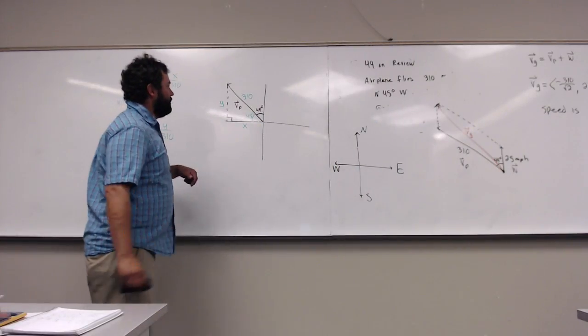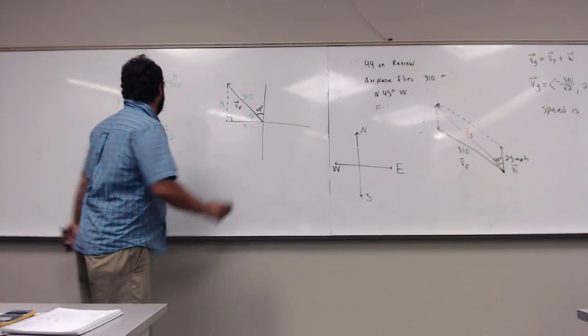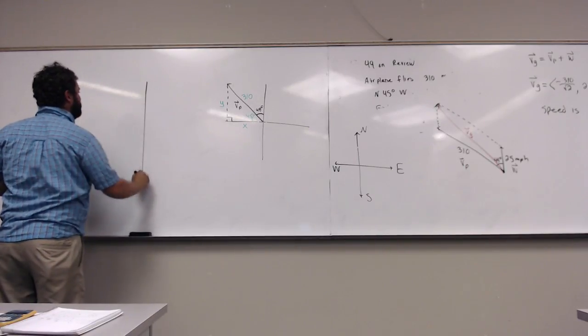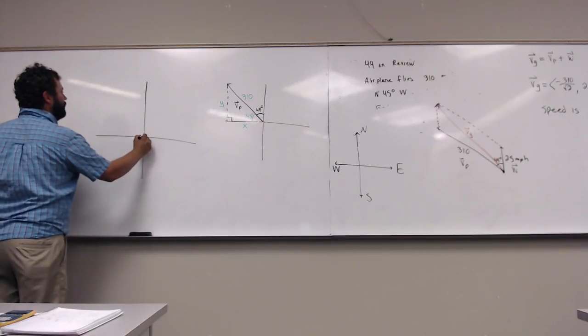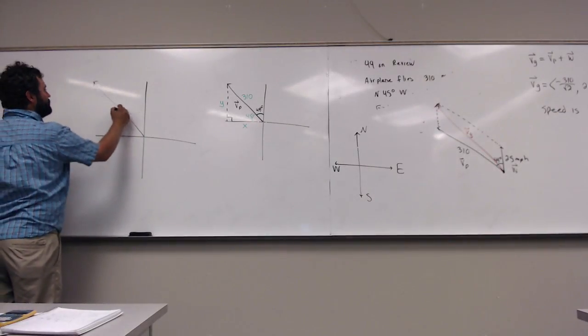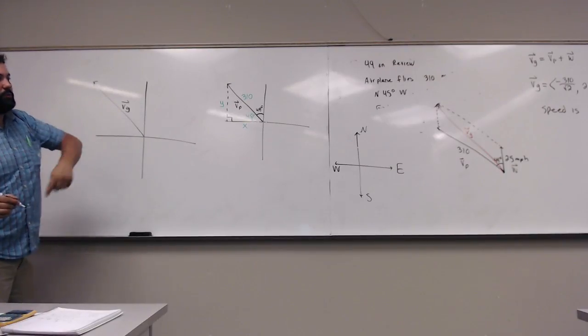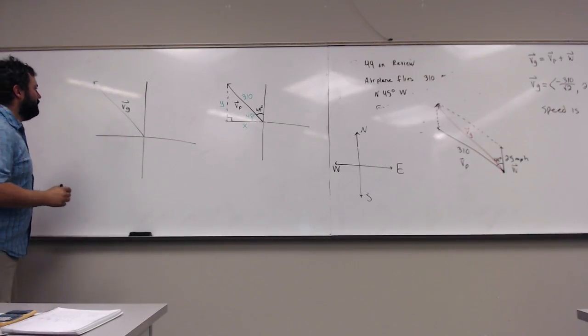I'm going to draw a picture. So this is Vg, the vector that gives me the speed and the direction of the plane after the wind has acted on it.